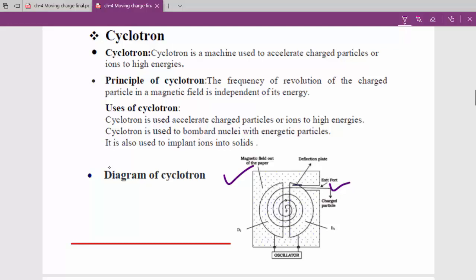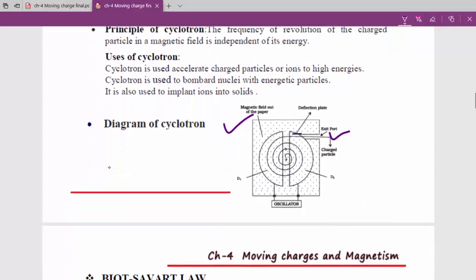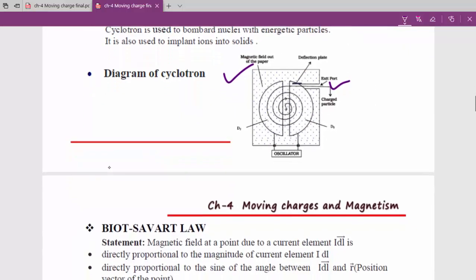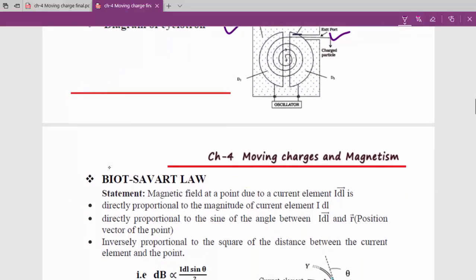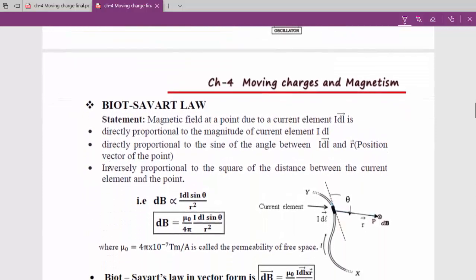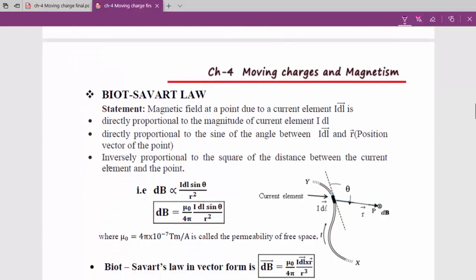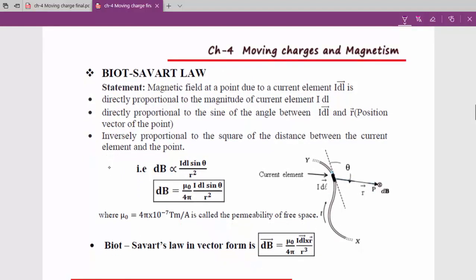Once again I repeat, in this entire arrangement the charged particle experiences both electric and magnetic fields. Under the action of both, the charged particle experiences maximum force, and it gets the highest energy.